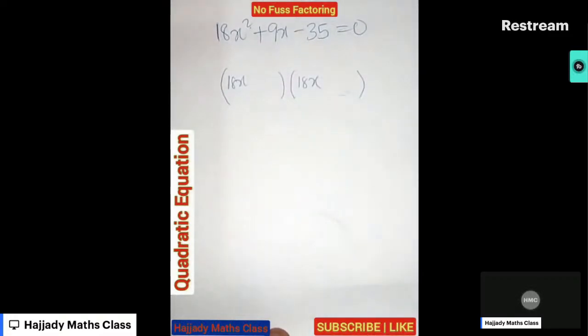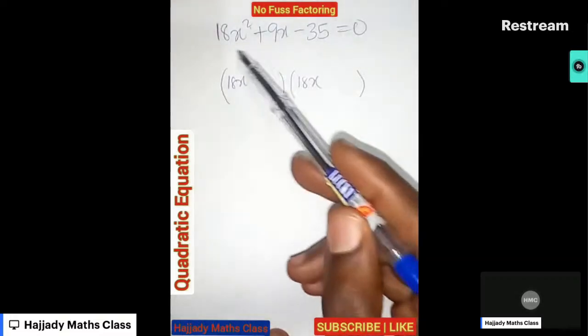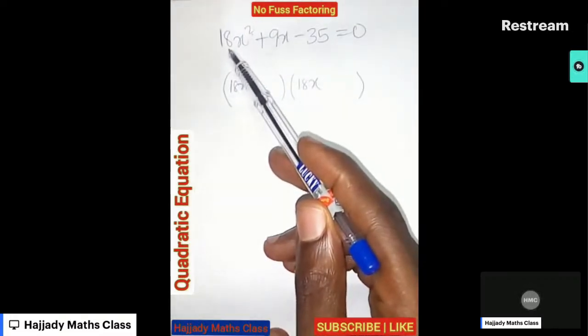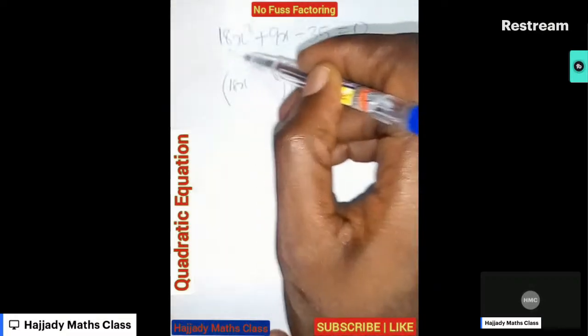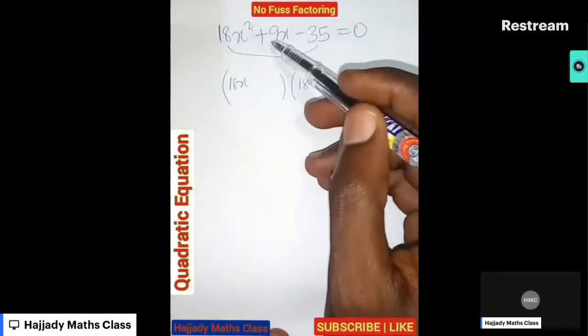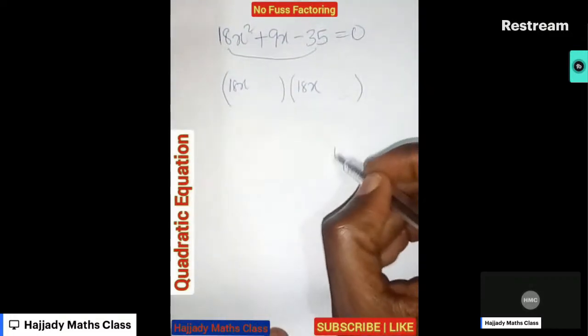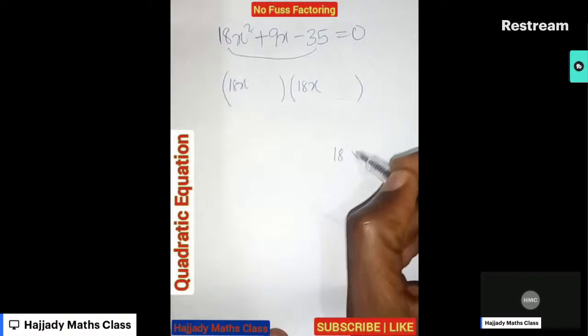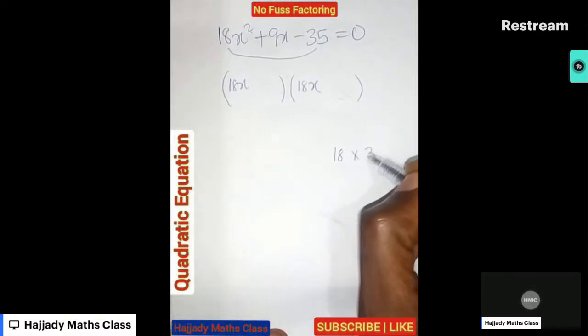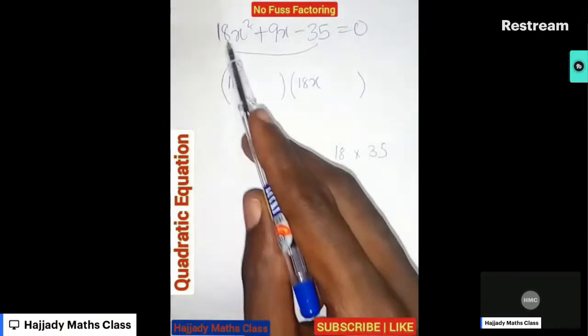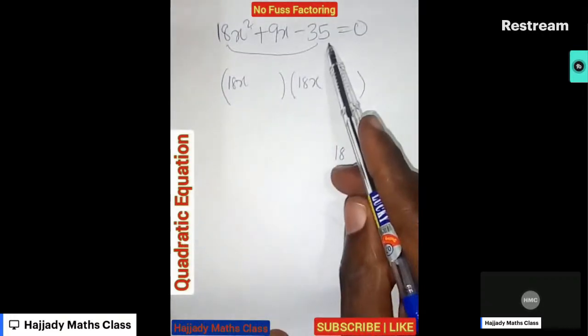And the next thing for us to do is, how do we go about this? Looking at this, we have 18x squared and 35. Just leave the 9x alone. Here we have that 18 multiplied by 35. We have that our 18 multiplied by what?